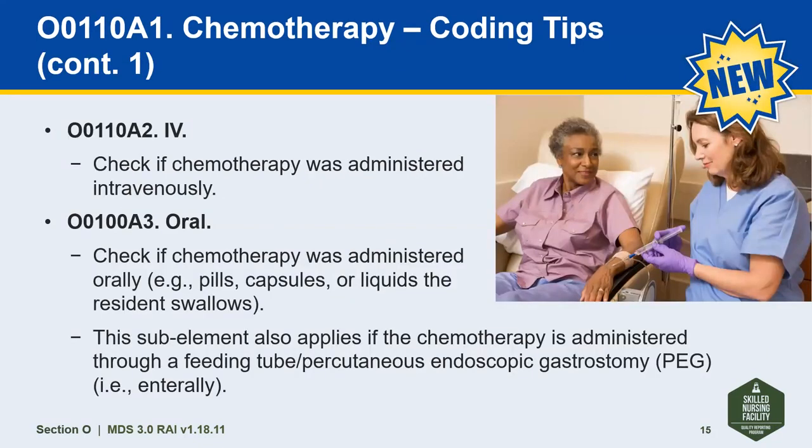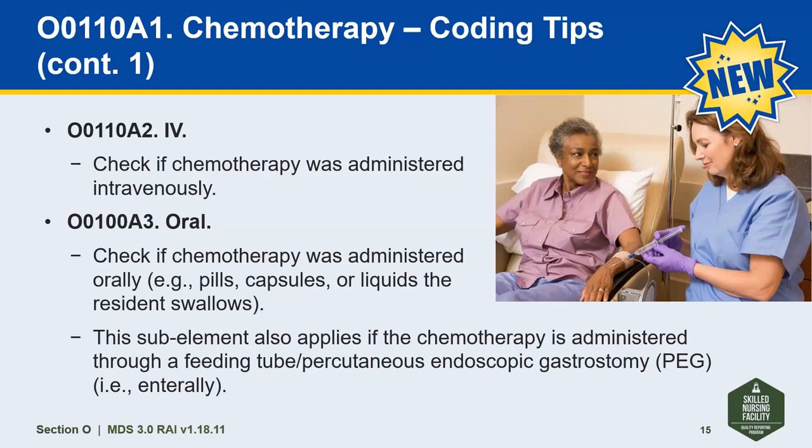As I pointed out on the screenshot earlier, here are the details of those new sub-elements for chemotherapy. You will check IV if chemotherapy was administered intravenously. And you'll check oral if chemotherapy was administered orally through pills, capsules, or liquids that the resident swallows.